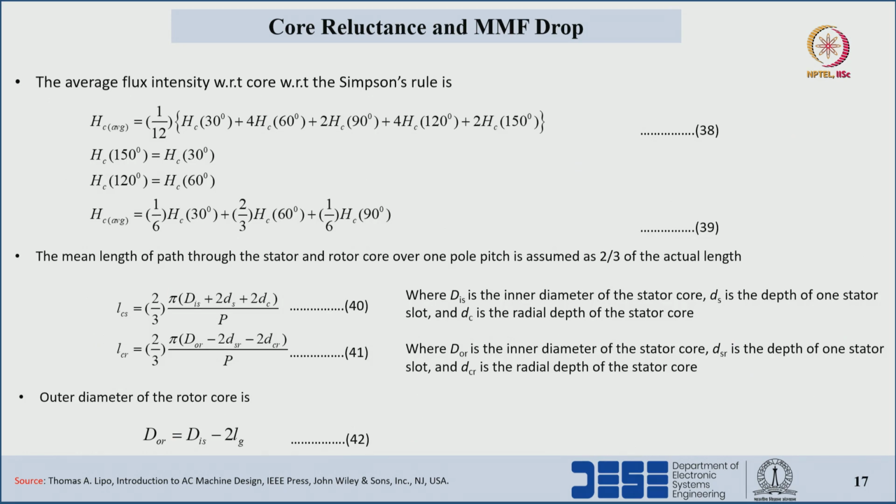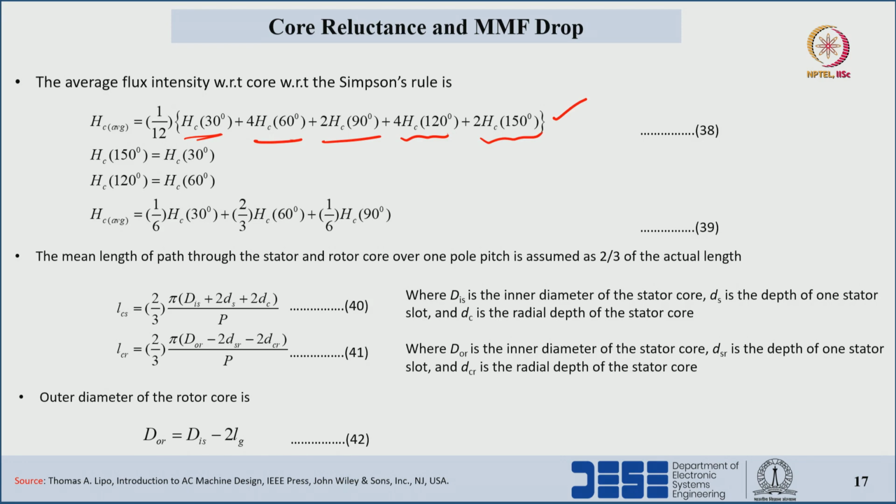Now, the average flux intensity with respect to the core by utilizing the Simpson rule will be Hc equals 1 by 12 of Hc at 30 degrees, Hc at 60 degrees, Hc at 90 degrees, Hc at 120 degrees, and the flux intensity at 150 degrees.